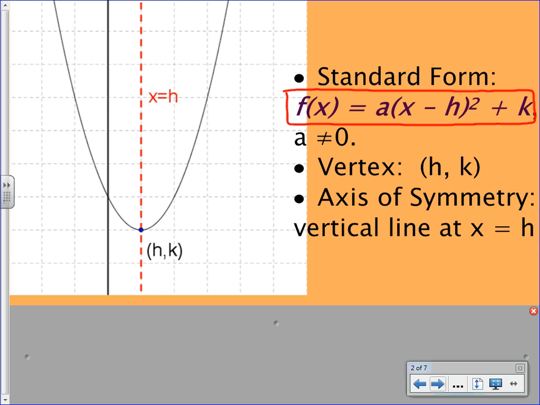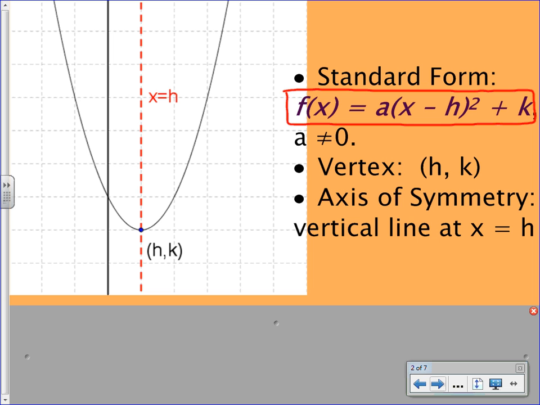We talked about symmetry last chapter. We talked about an even function having symmetry about the y-axis. Our parent function x squared is an even function. That's something that you studied for your test. If a quadratic has been shifted to the right or left of the y-axis, it's no longer even, but it still has symmetry.